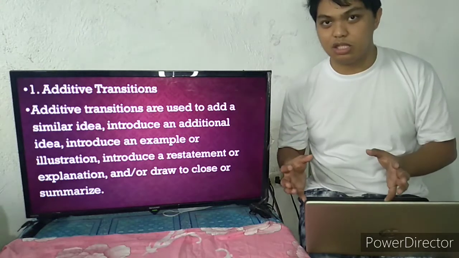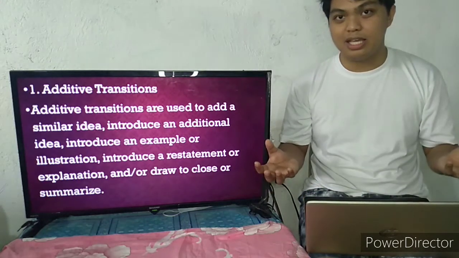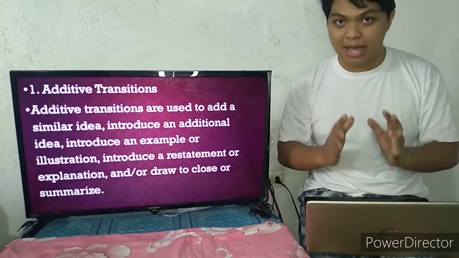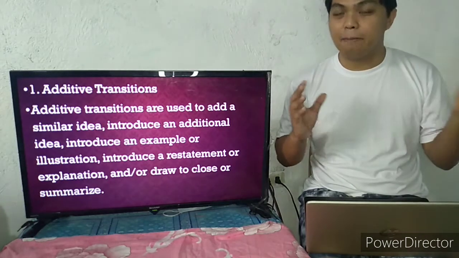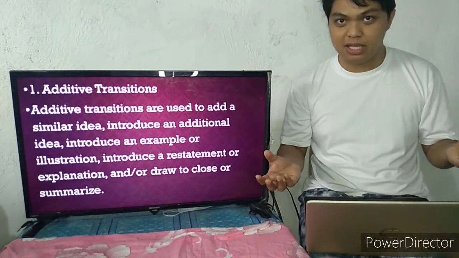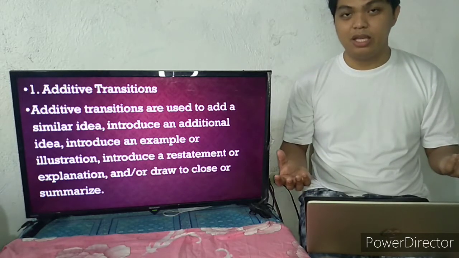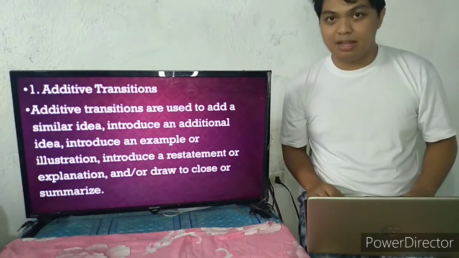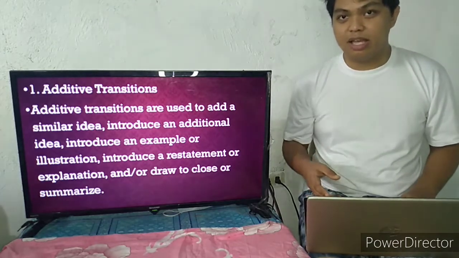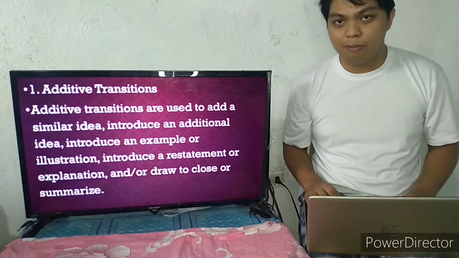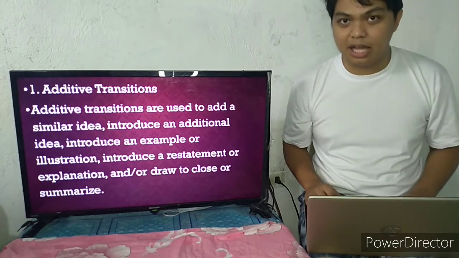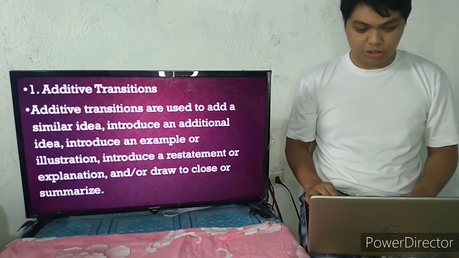These are two ideas that are being combined. Okay? Pareho silang positive idea plus positive idea, or it can be negative idea plus negative idea. So that is additive transitions. I will explain later what the examples and types of additive transitions are.